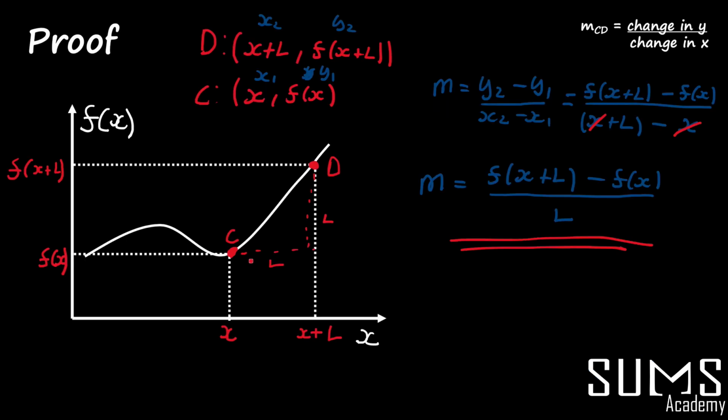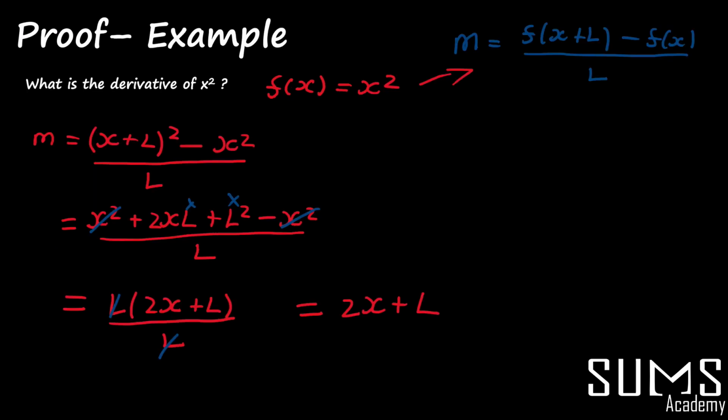So this is that distance L. If you move this point D closer and closer until it's essentially zero, that gives us the most accurate representation of the derivative at that point. So here we're basically just going to say that this L is approximately zero. So our final answer is 2x. So the derivative of x squared is 2x.